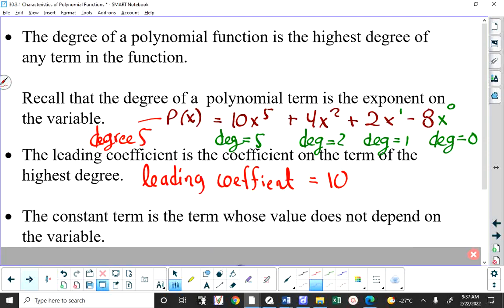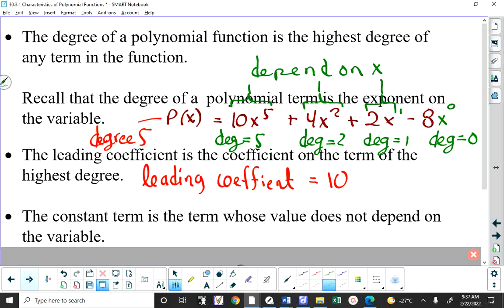The constant term in a polynomial function is the term that's constant. I mean 10x to the 5, this, and this all depend on x.